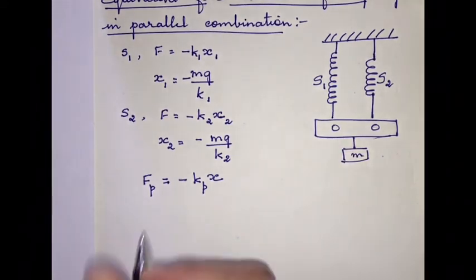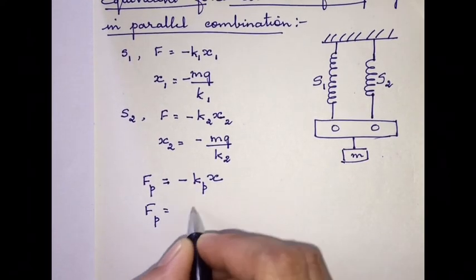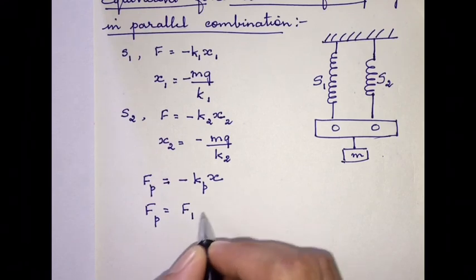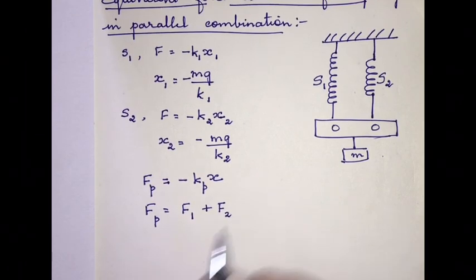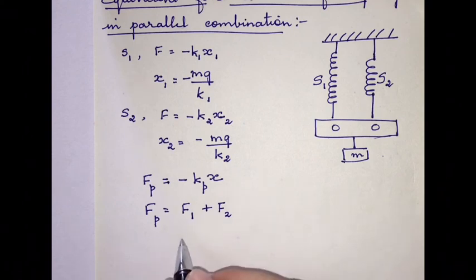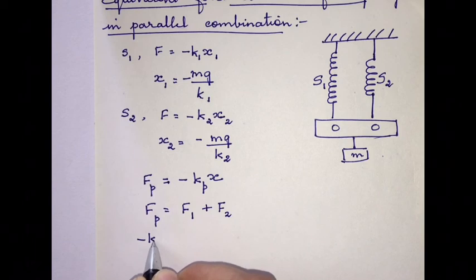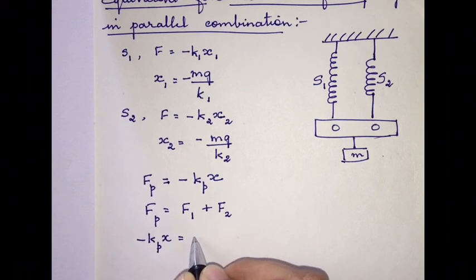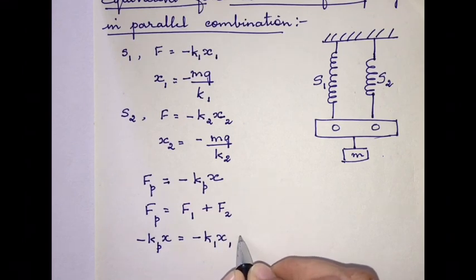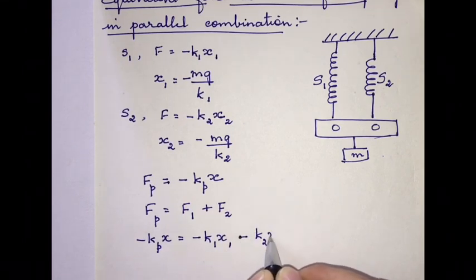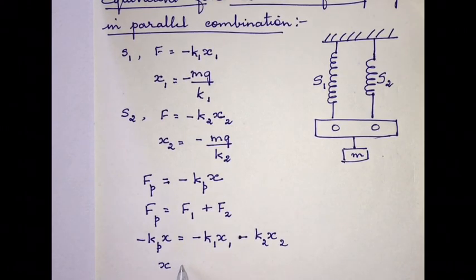So this Fp can be written as the force experienced by the first plus the force experienced by the second spring. So I can write this as minus Kp into x is equal to minus K1 into x1 minus K2 into x2. Now I know that the extension in these two springs, x is equal to x1 is equal to x2.